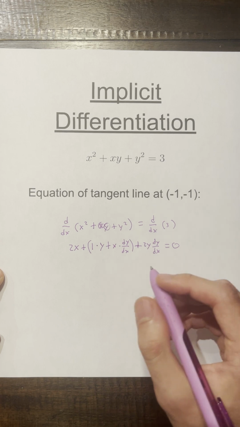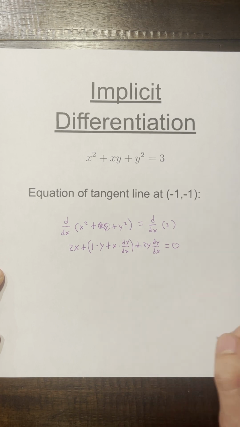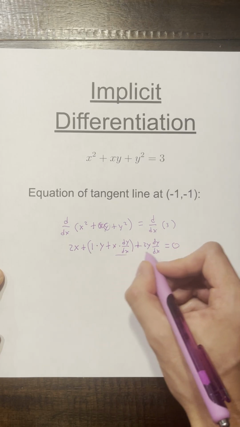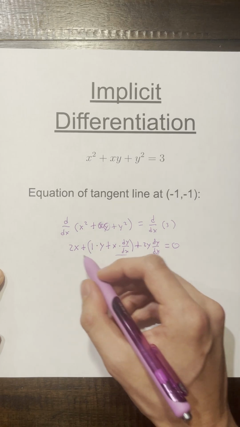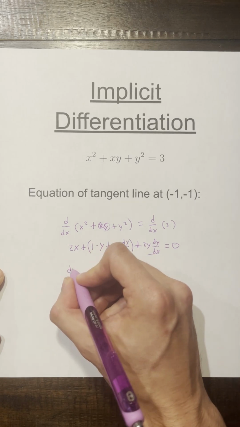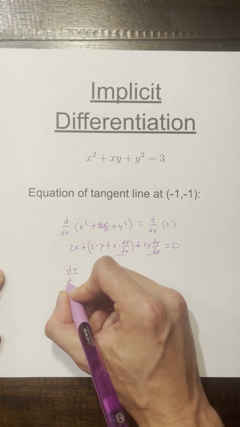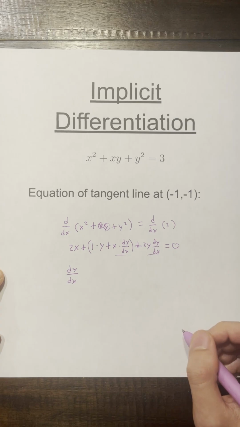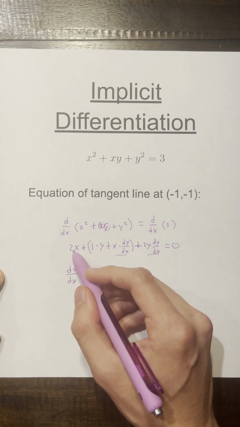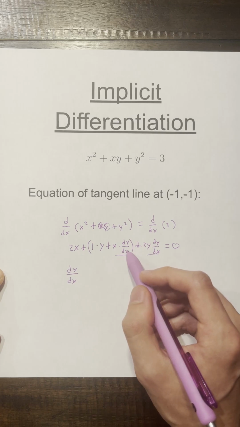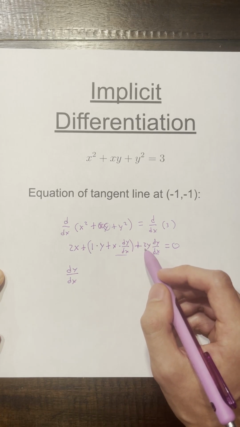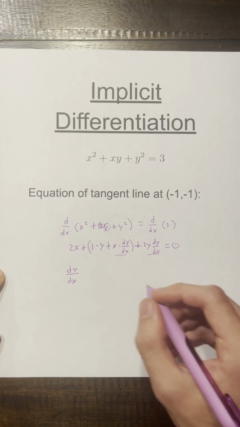The second step would be to get dy dx by itself. Okay, so how do we do that? Well, let's group all the terms that have dy dx in them together. So first off, this reads as 2x plus y plus x times dy dx plus 2y times dy dx.